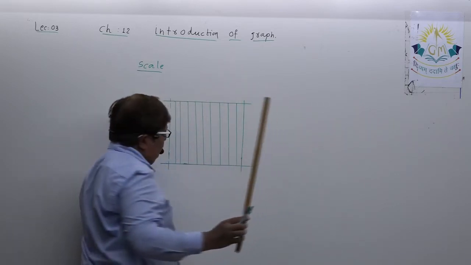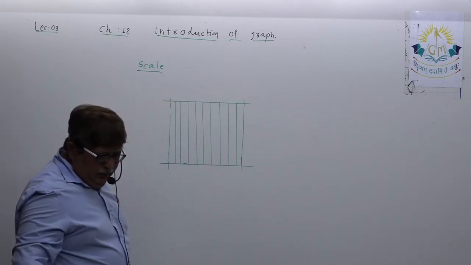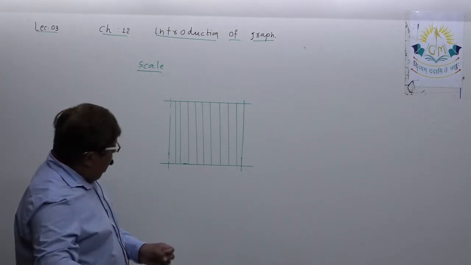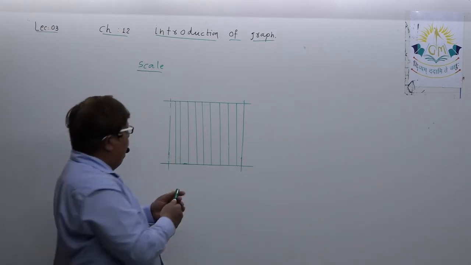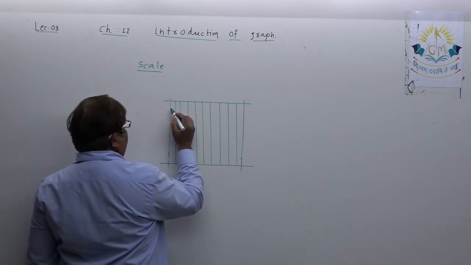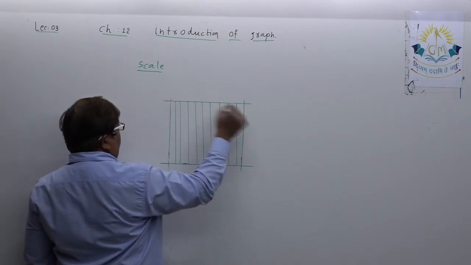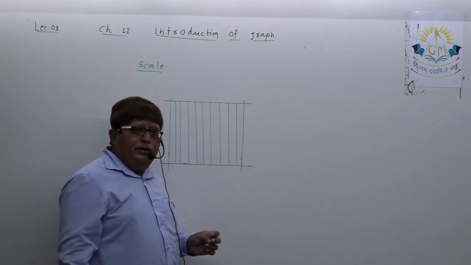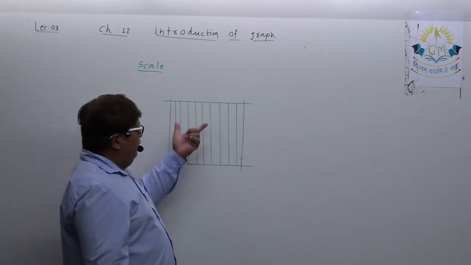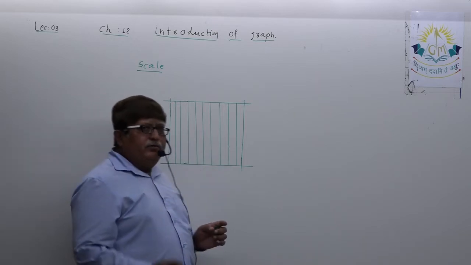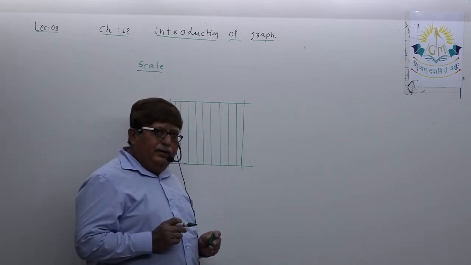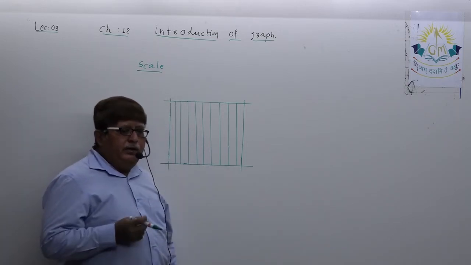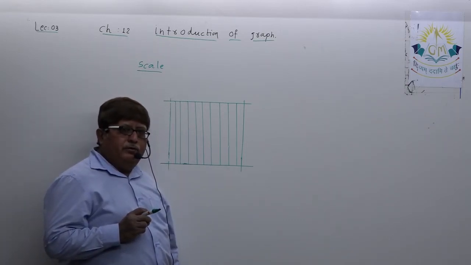Now let us try to understand why actually 10 lines in this way. I am not drawing the horizontal 10 lines because for this vertical line I just want to give you an idea. Understand?